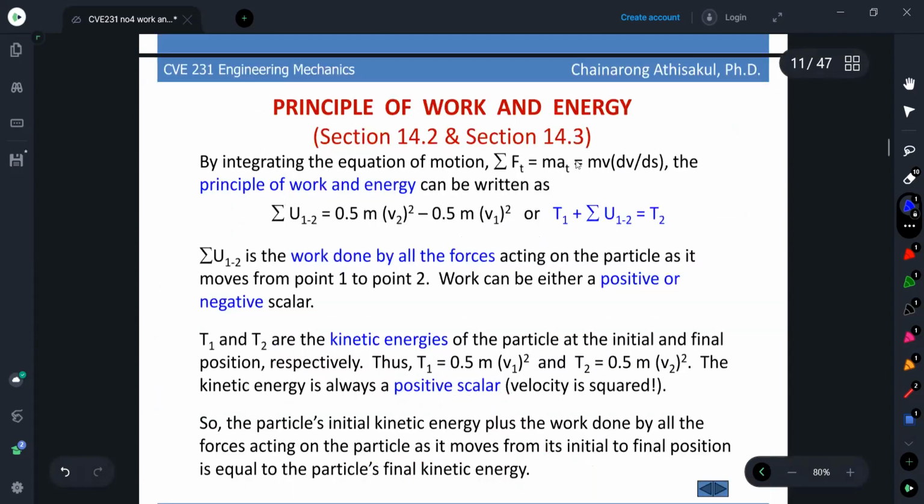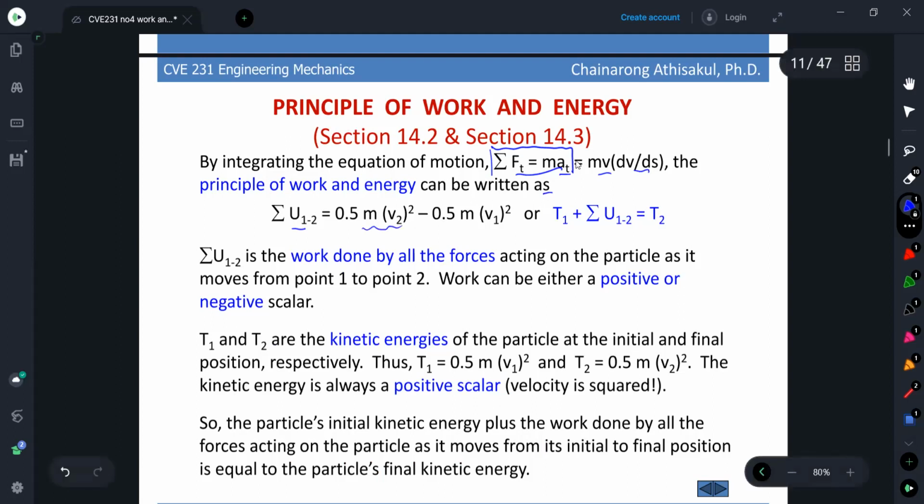Okay, so then let's move to the principle of work and energy. By integrating the equation of motion, and substituting a equals v dv by ds, the principle of work and energy can be written as the summation of the work done from position 1 to position 2 equals a half m v2 squared minus a half m v1 squared.